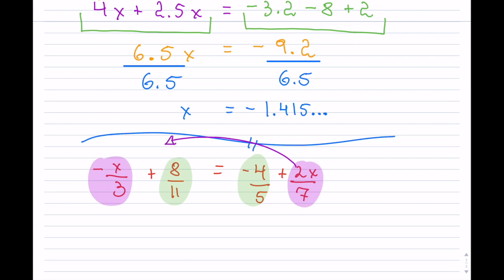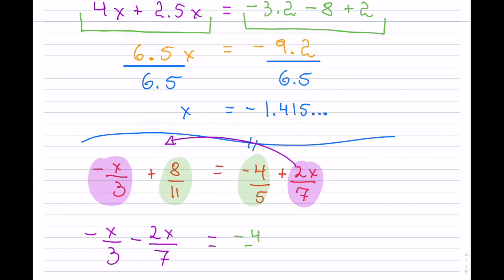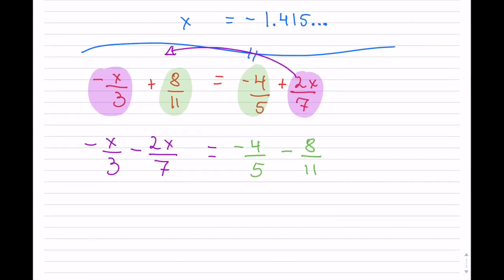So this would now be negative x over 3. Notice the sign will change. So minus 2x over 7 is equal. And now on the right-hand side, so negative 4 over 5, and then the 8 over 11. So that shifts over. And now you have to collect them.